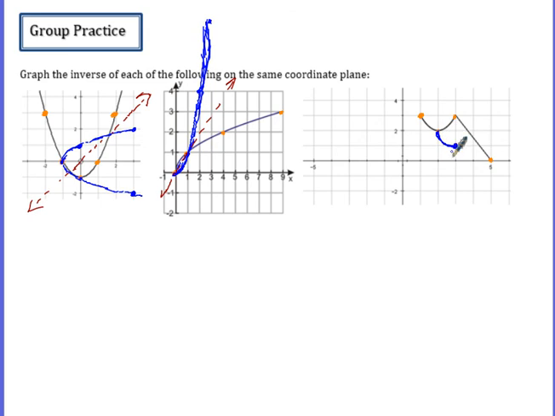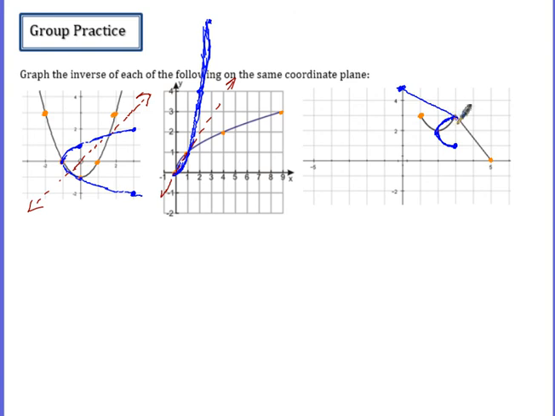Our next point looks like 3, 3, and the swap of that is also 3, 3, so we'll just curve around like that. And the last point we pulled was 5, 0. So what should we do? We swap it for 0, 5 and connect our last point with a line.